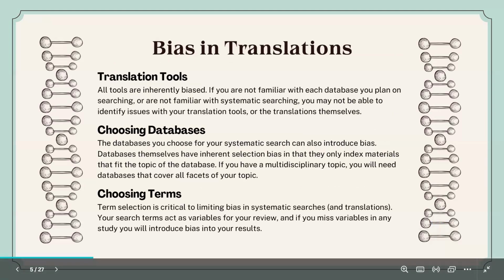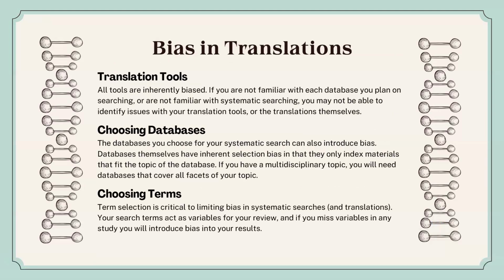Bias in translation. Not all translation tools, and we're going to talk about them in a little bit, but all tools have their biases, right? So the goal is to know how to translate or know what things to look for because every tool is going to mess up.